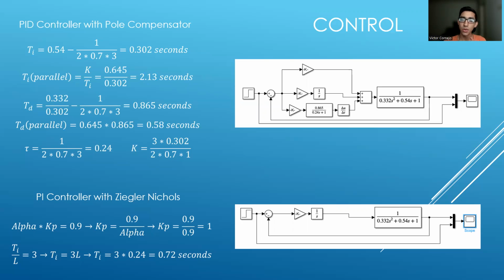And for the PI controller, we used the Ziegler-Nichols method to obtain our 2 components, the P and the I components. After we obtained those parameters for each of the controllers, we input them into our block diagram, and we ran simulations to see what results we got.